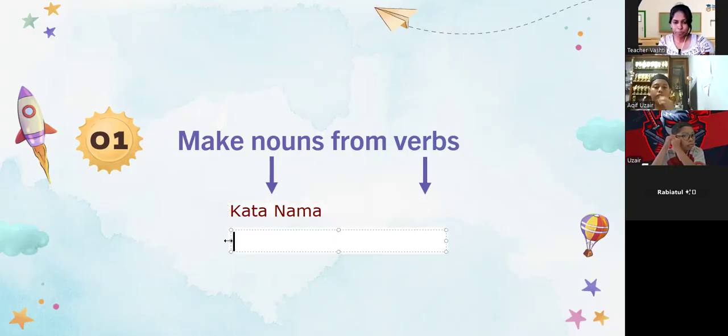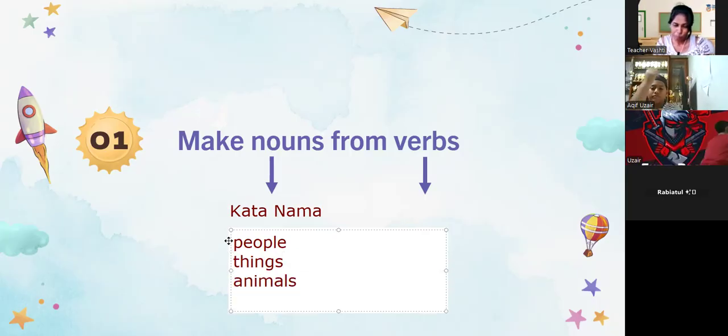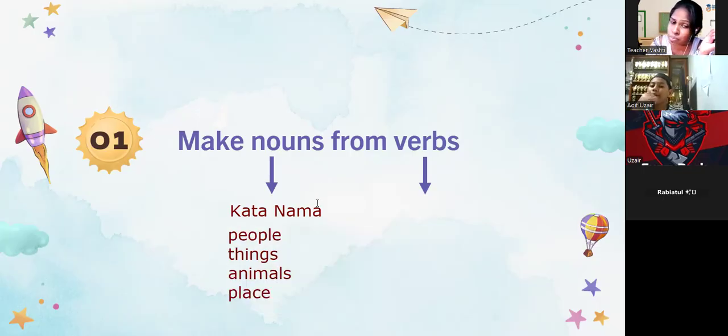I will start with the first one. People. Things, animals. Places. Good. People, places, animals, and things. Those are what we call kata nama.